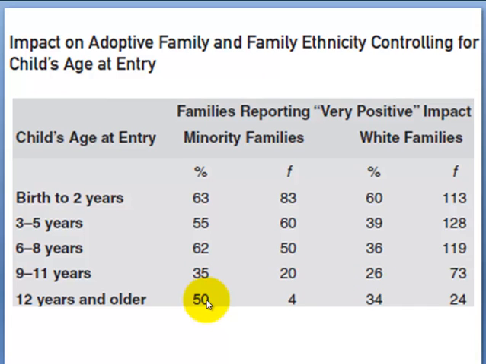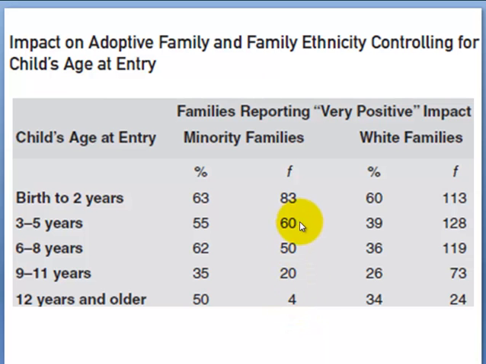We see that very same pattern here in the 12 years and older group, though I do want to caution you that the frequency of minority families adopting children 12 and older is only 4. And when you get very low frequencies like this, you want to be tentative and cautious in your conclusions.